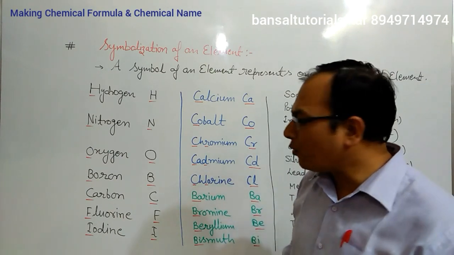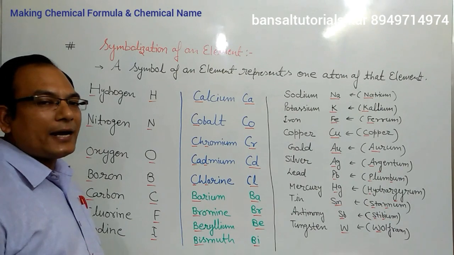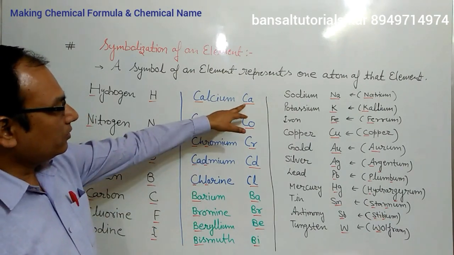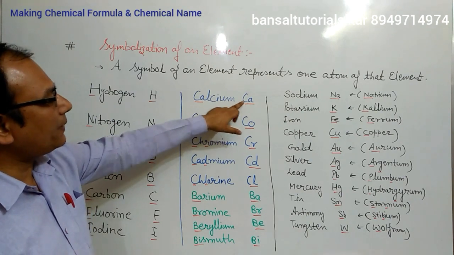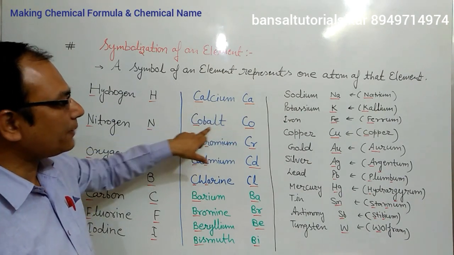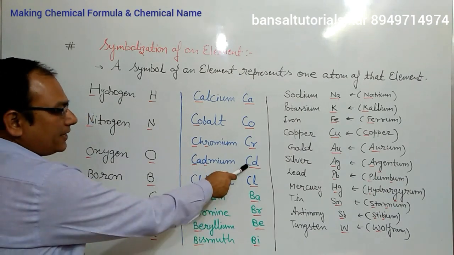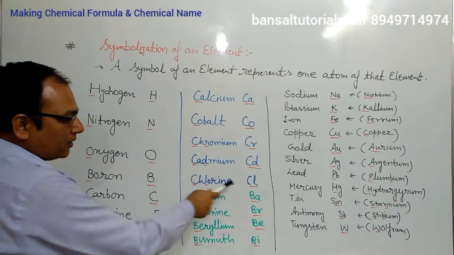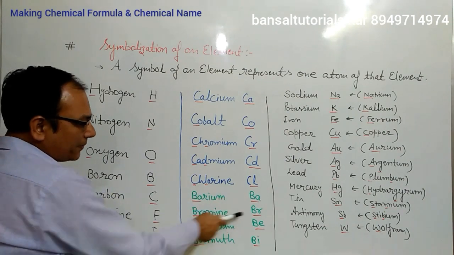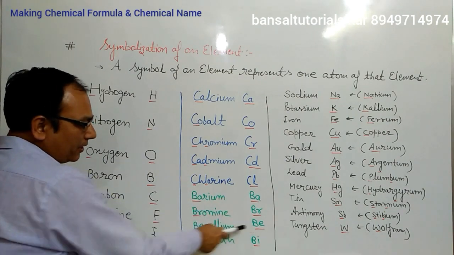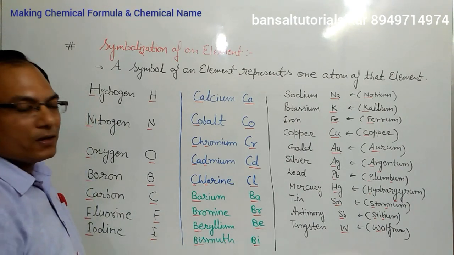But when we see some more examples, you can see that Ca represents one atom of calcium, Co represents one atom of cobalt, Cr represents one atom of chromium, Cd represents one atom of cadmium, Cl represents chlorine, Ba represents barium, Br represents bromine, Be represents beryllium, Bi represents bismuth.